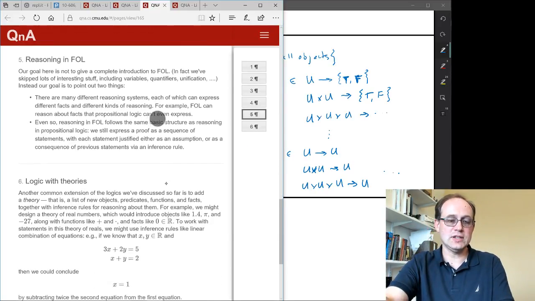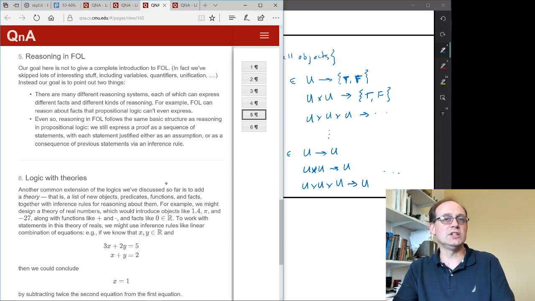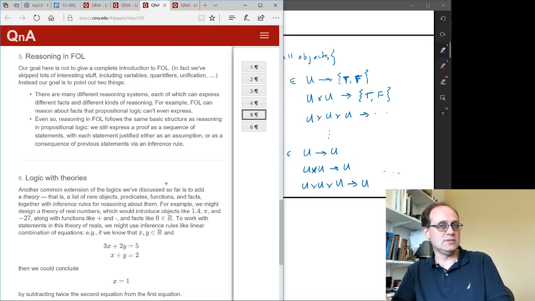We're not trying to give a complete introduction to first order logic, because if you wanted a full introduction to all different types of logic, there would be an entire course that you would take for that. But the point is to just illustrate that there is another useful example of a reasoning system, and it looks a little bit different from propositional logic, but the proofs have the same basic structure.